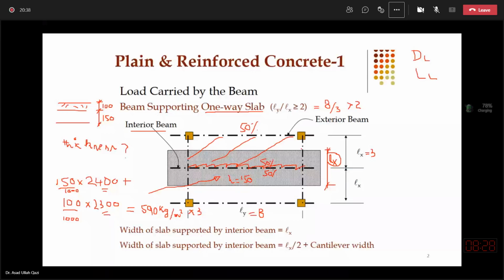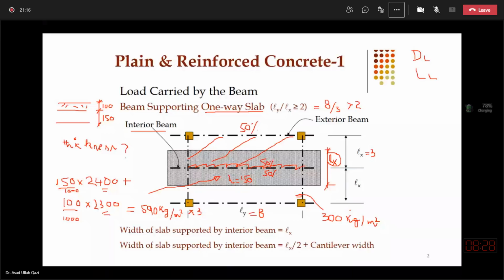For example, for this room slab, I propose that the live load is 300 kg per meter square. It is a very commonly used live load for ordinary residential or commercial buildings. So if 300 kg per meter square is the live load, you will notice that they provide you live load directly in terms of pressure.